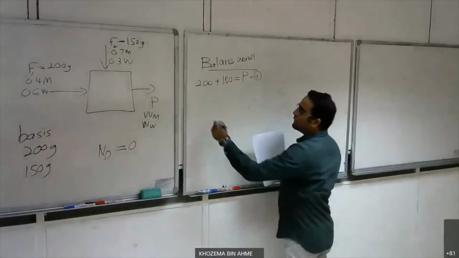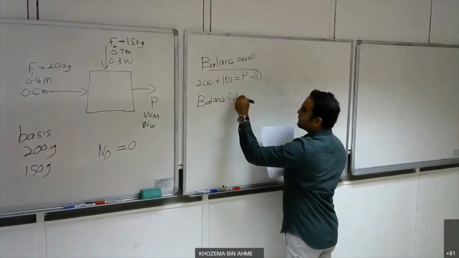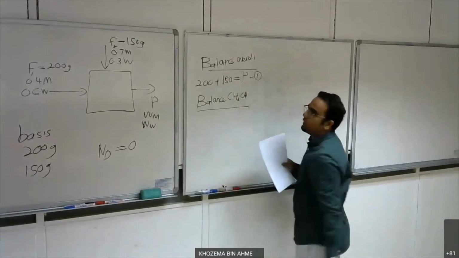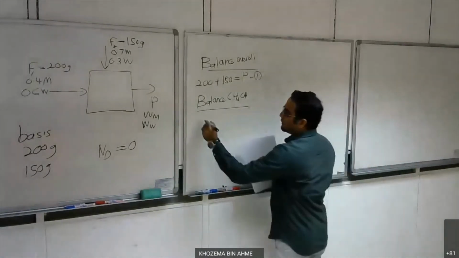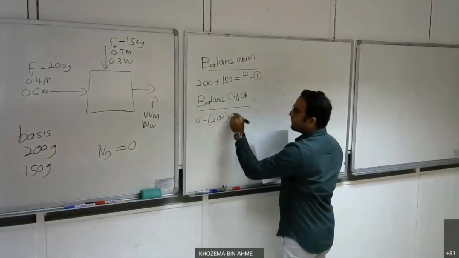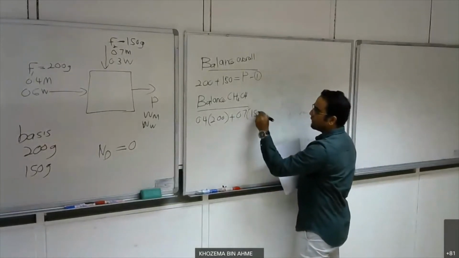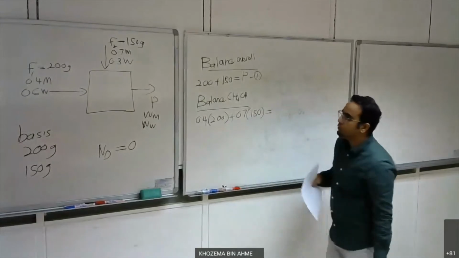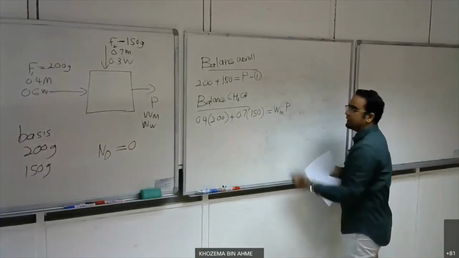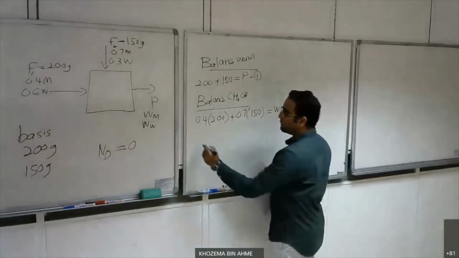Then I do balance on methanol. Balance on methanol is that 0.4 times 200 plus 0.7 times 150 is equal to Wm times P. That is my second equation. My third equation is balance on water.